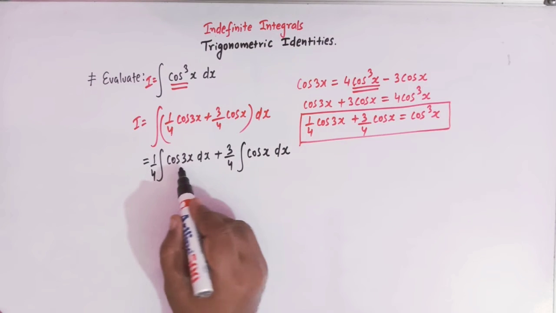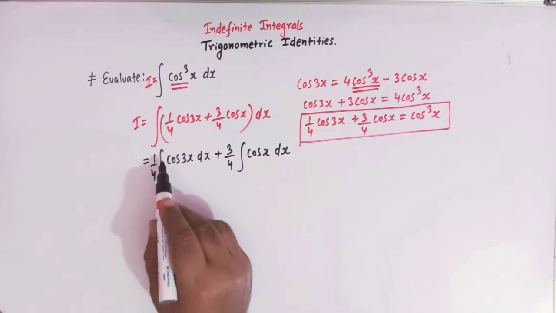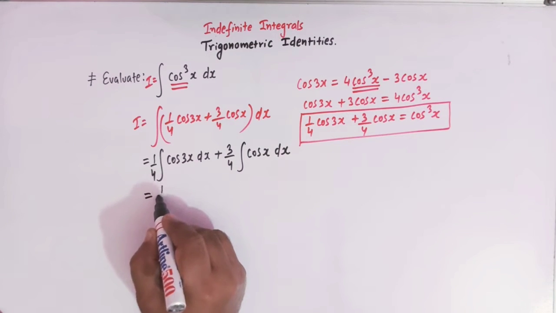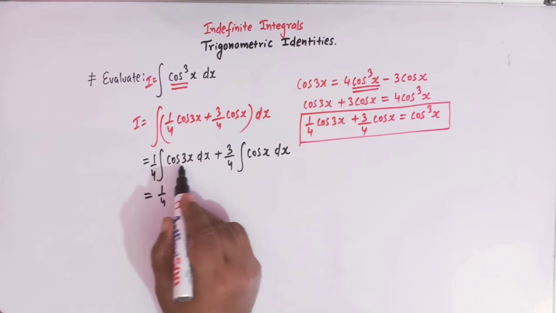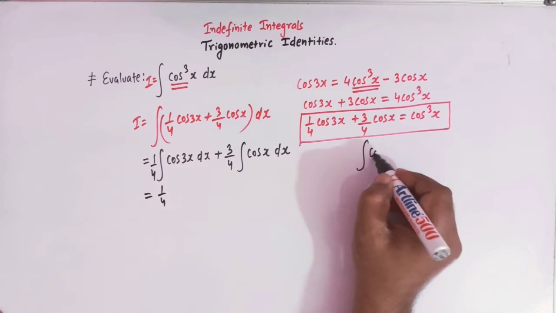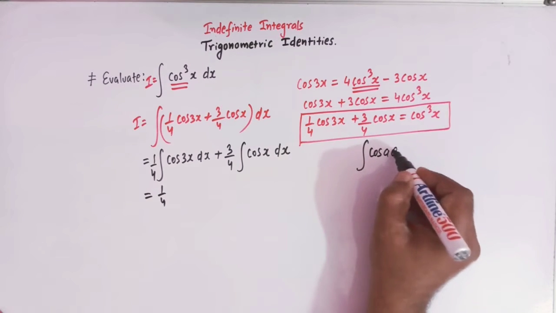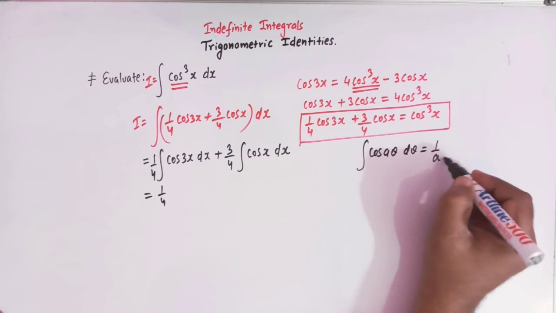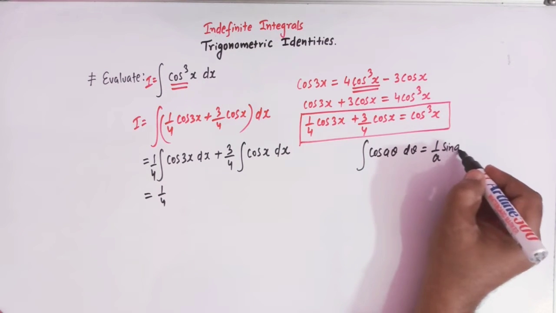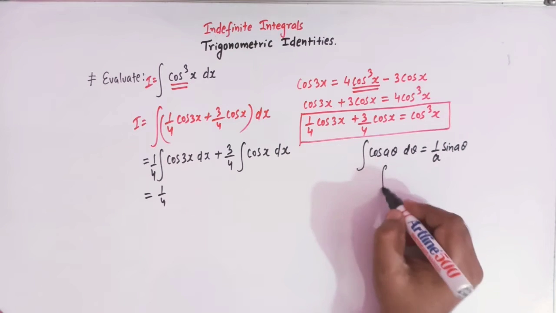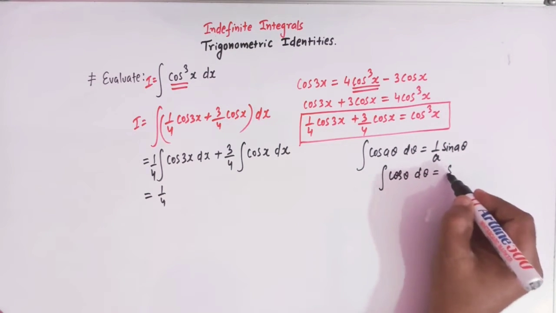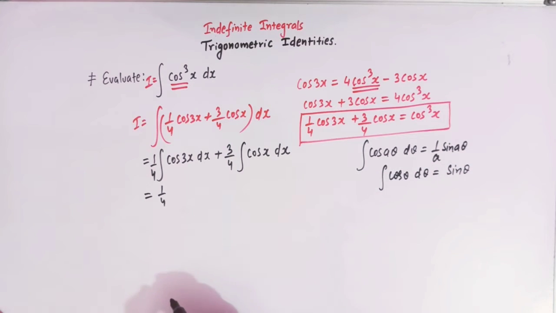And now we have the direct results for the integral of cos 3x, and we can write 1 over 4. The integral of cos of a theta d theta is equal to 1 over a sine a theta, right? And the integral of cosine theta is equal to sine theta, right?